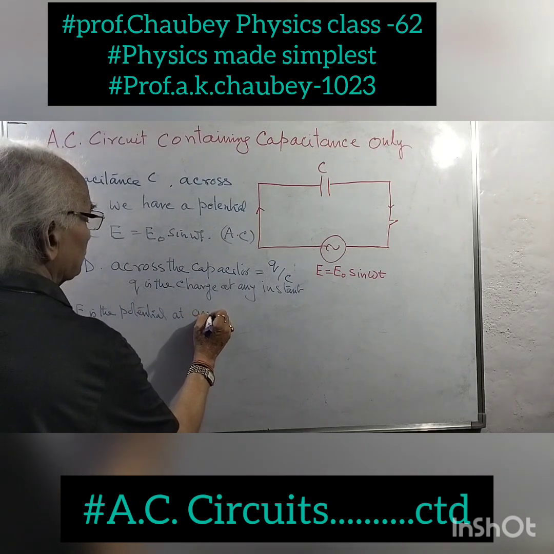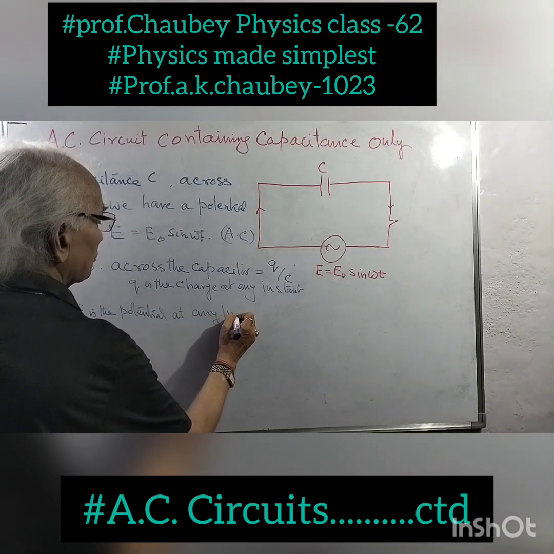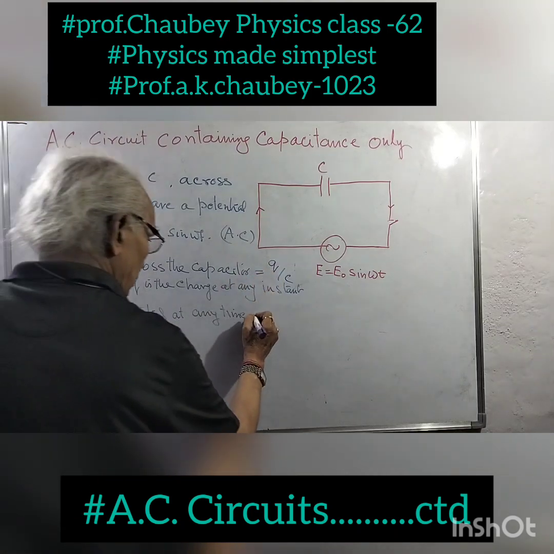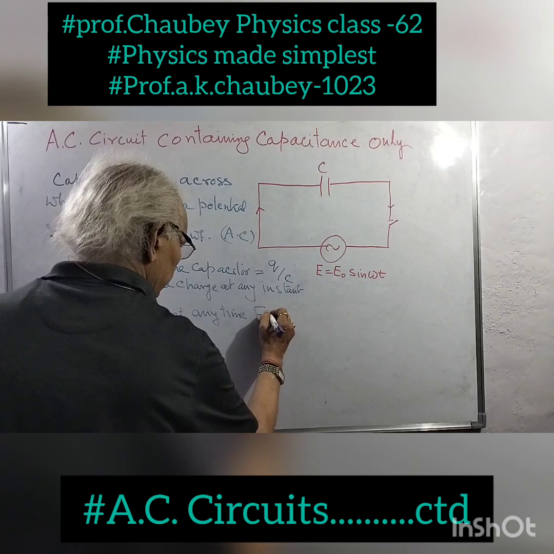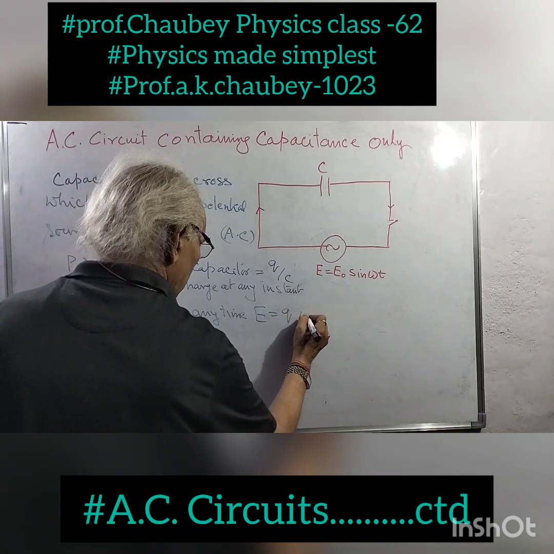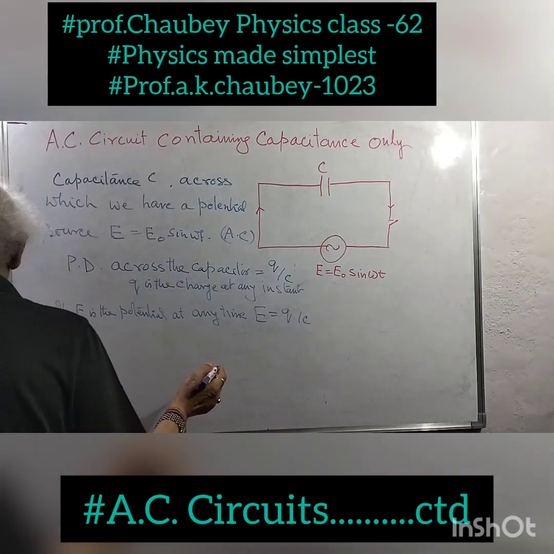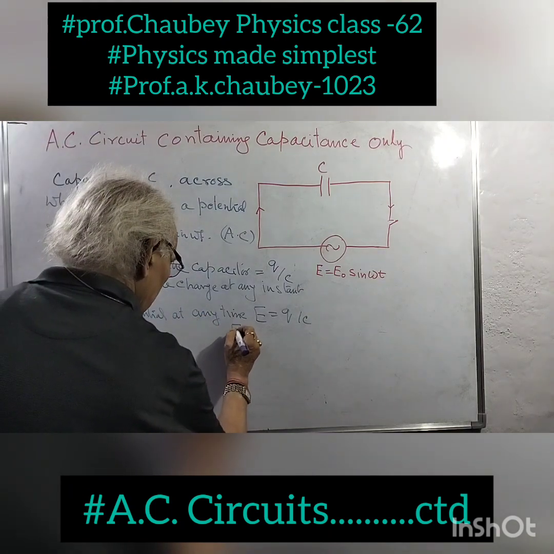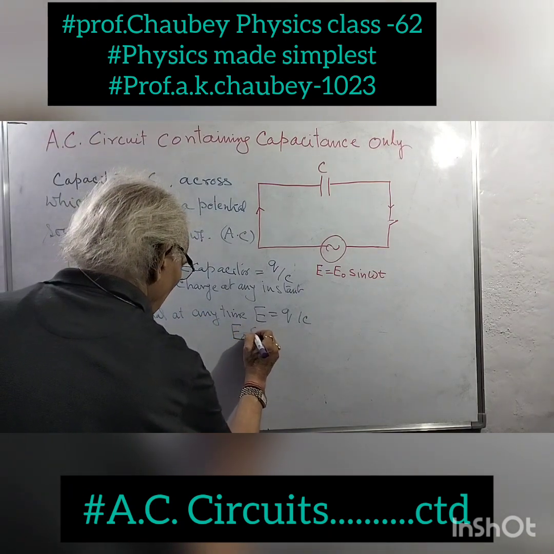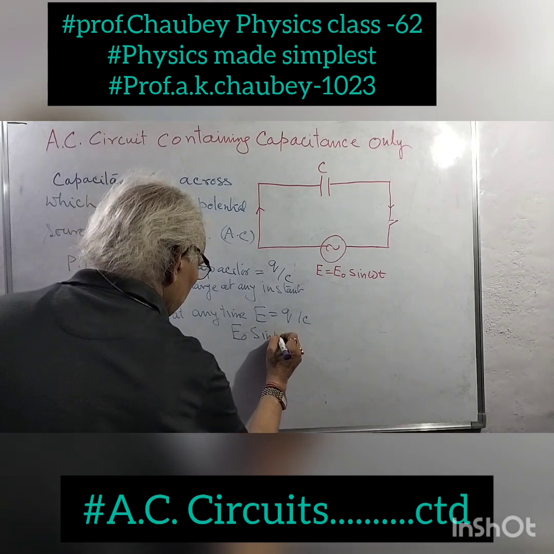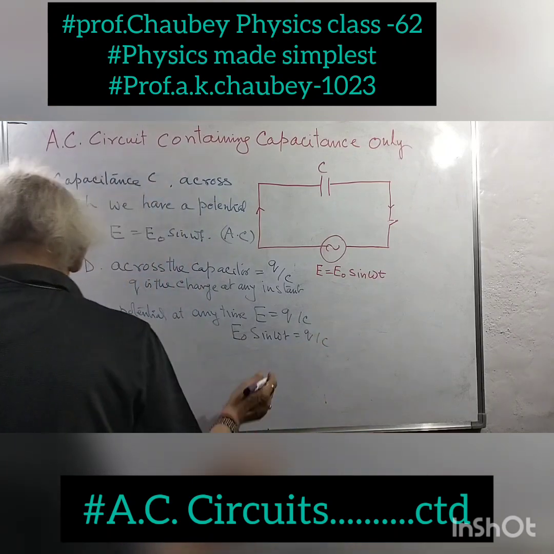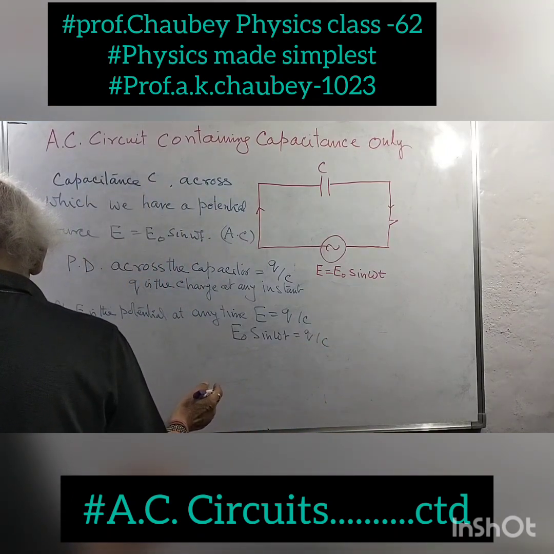E is equal to Q over C, and since E is time varying, E naught sin omega t is Q over C, the charge over the capacitance.